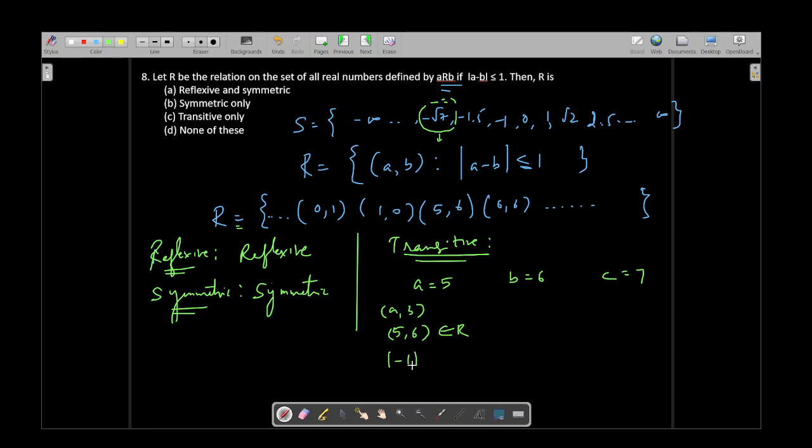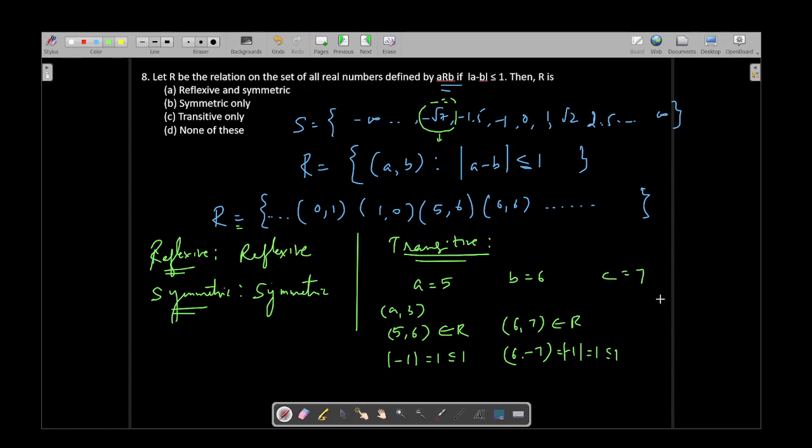Minus 1 mod is plus 1, which is less than or equal to 1. So this is a member of R. If I take 6 comma 7 also, this is a member of R because 6 minus 7 is minus 1. Modulus of minus 1 is 1, which is less than or equal to 1.